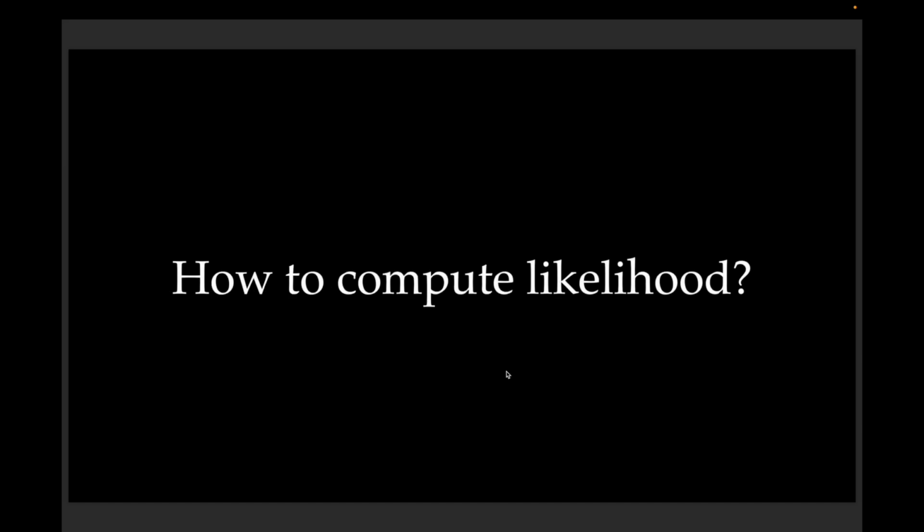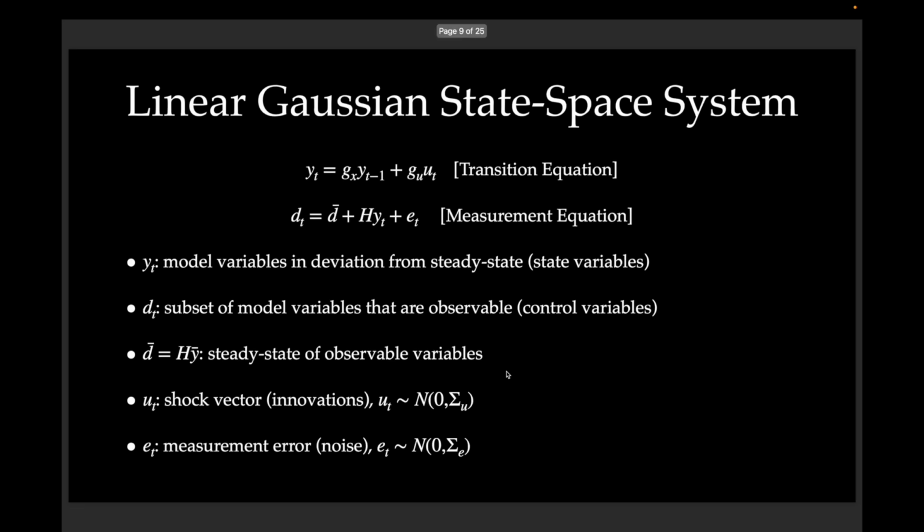How do we compute the likelihood of a DSGE model? Well, we did this in the last lecture. When we discussed the first order perturbation solution, it is given by this transition equation. And if we combine this transition equation with a measurement equation, which basically selects the variables that are observable, I have a so-called linear Gaussian state space system.